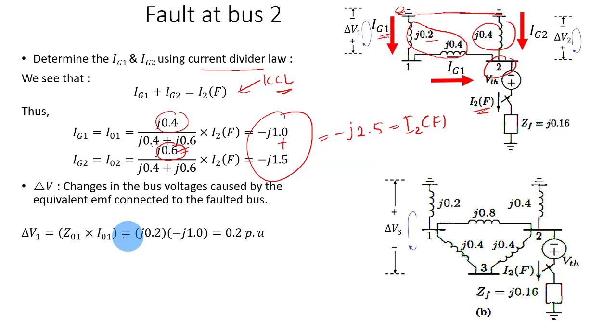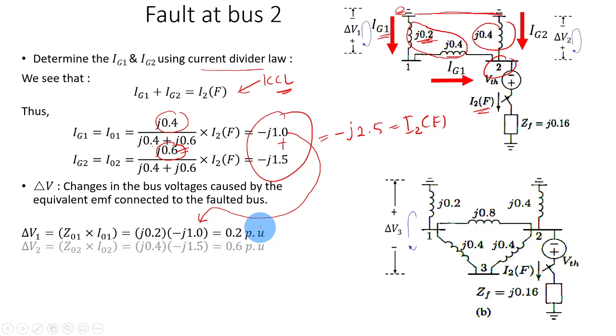Z01 is J0.2, and I01 is the current you calculated just now, J1.0. Multiply them together, and the change of voltage is 0.2 per unit, meaning that during the fault the voltage has dropped by 0.2.